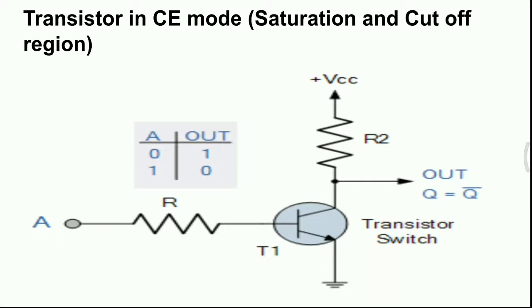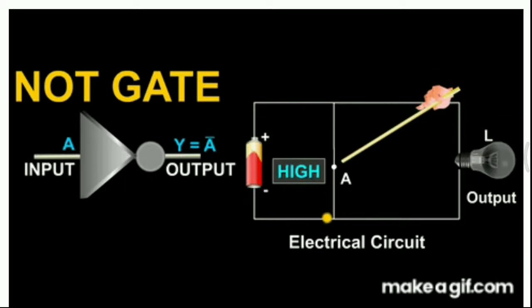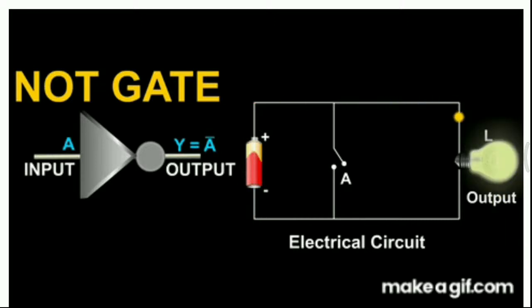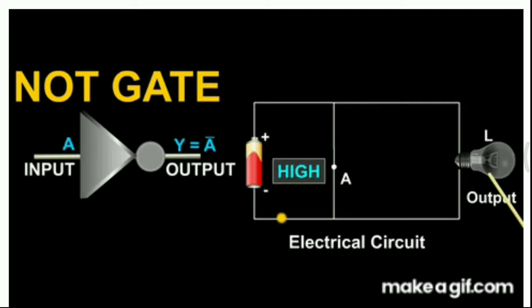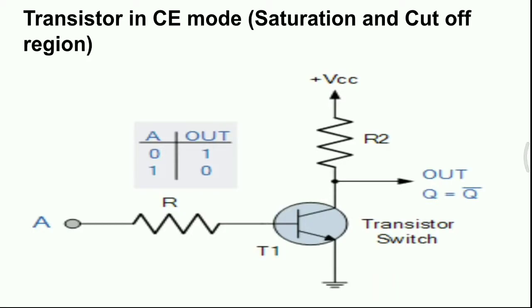As we have discussed in the previous image, if I take this electrical circuit, when it is closed, meaning high, the bulb will not glow. When it is open, meaning low, then the bulb will glow. So similarly, when A is equal to 0, Q is equal to 1. When A is equal to 1, Q is equal to 0.